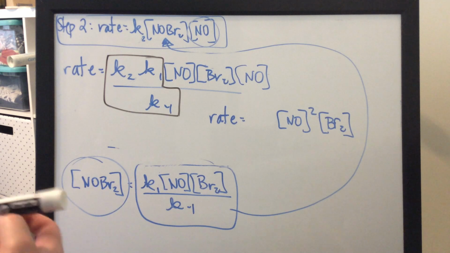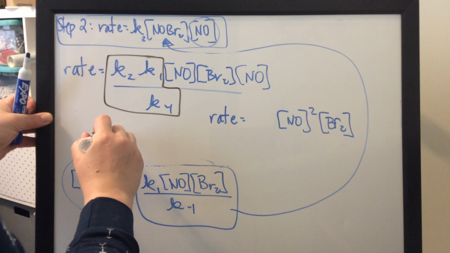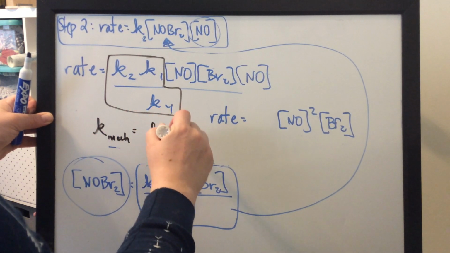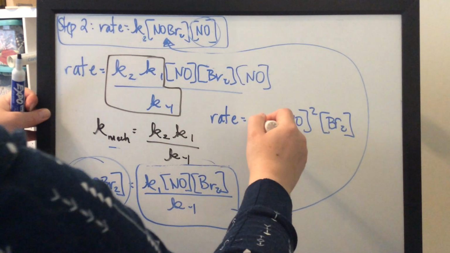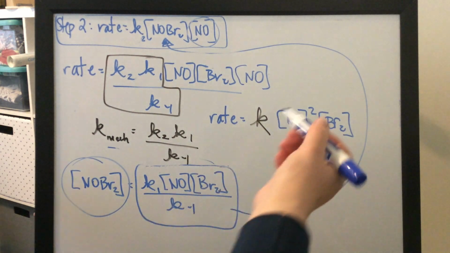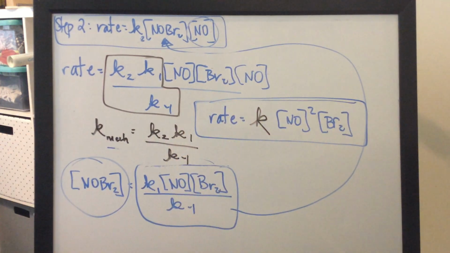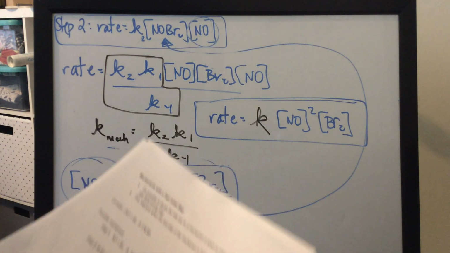Where what is said is that K of the entire mechanism is going to be equal to K2 times K1 over K to the negative 1. And so we just end up calling this K. And so this is the rate law for that mechanism that we saw. Let me find my paper. Right here.